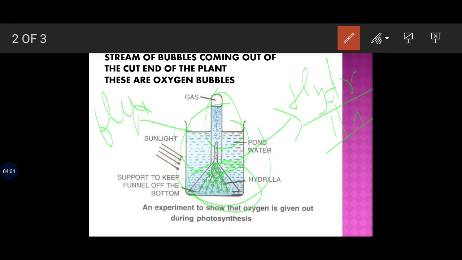So we have selected an aquatic plant that can be set up in water, which is a fluid medium, and this plant will liberate gas that we can very easily identify.